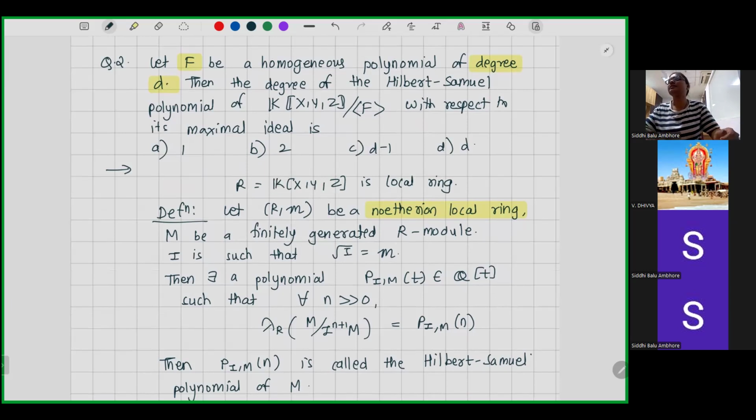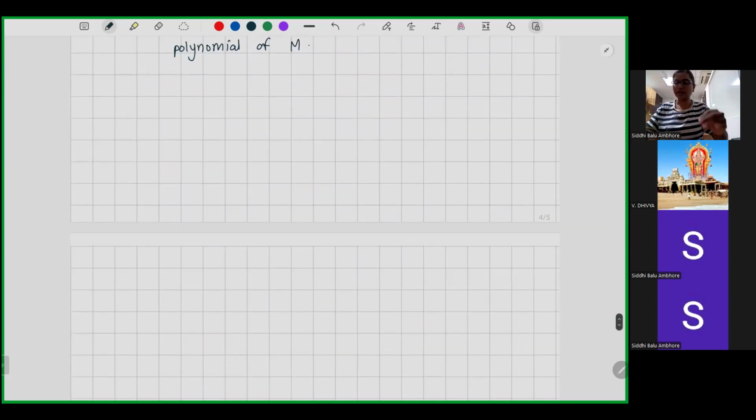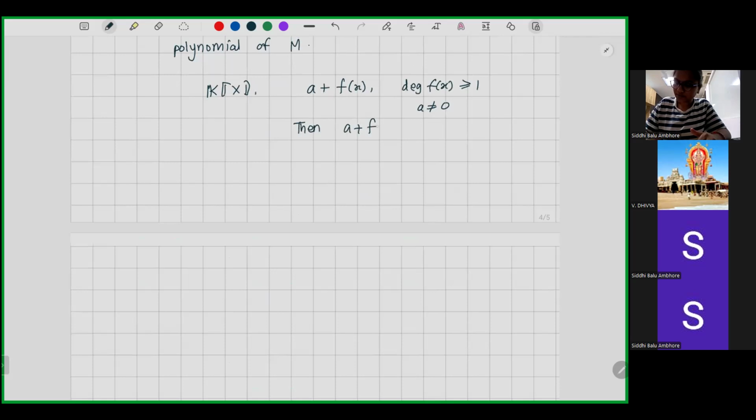Just like what we had in this power series ring, if I have some a, non-zero, plus f(x) with degree of f(x) greater than or equal to 1, then this a plus f(x) is a unit.